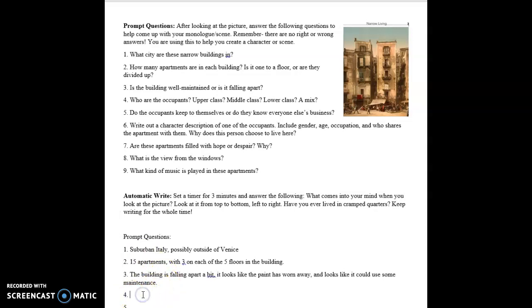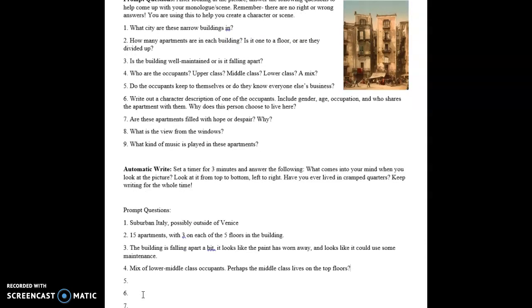Let's see. Who are the occupants? Upper class, middle class, lower class, mix. I'm going to say it's a mix of lower middle class occupants. Perhaps the middle class is on the top floors. All right, number 5.